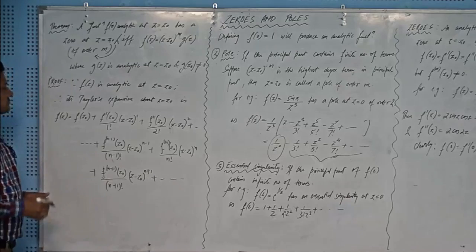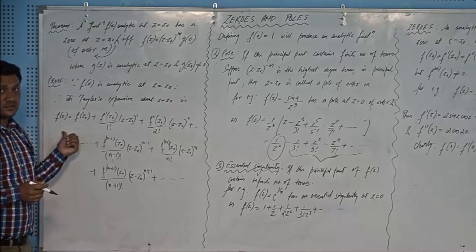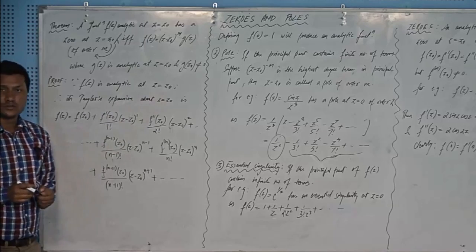So this is the Taylor expansion of f(z) about the point z equal to z naught.